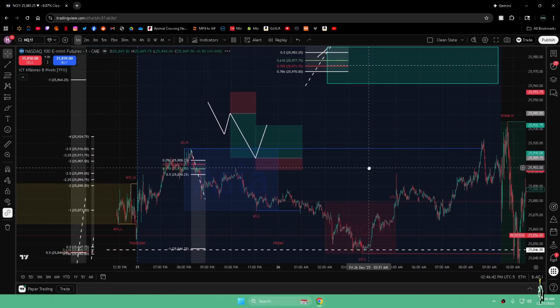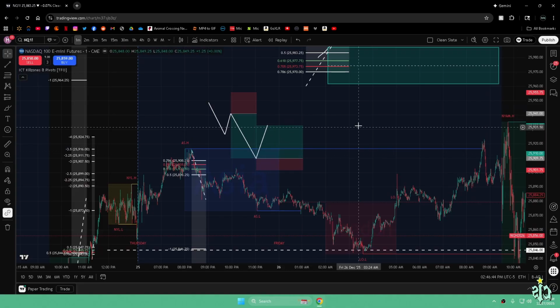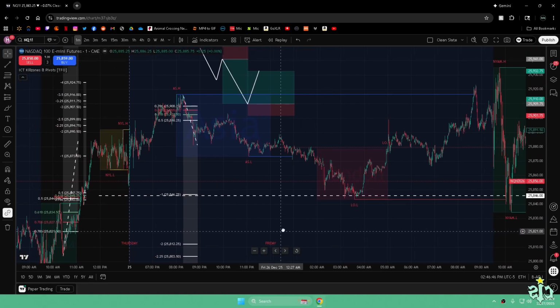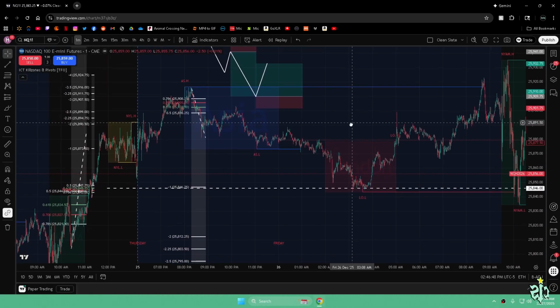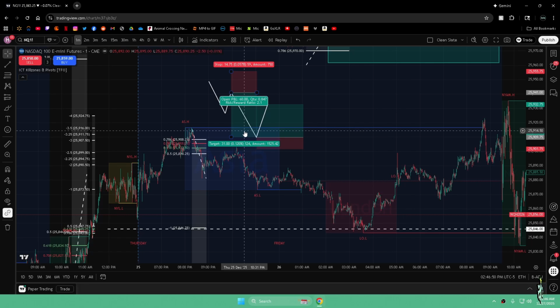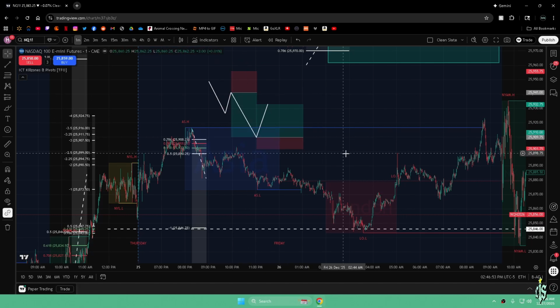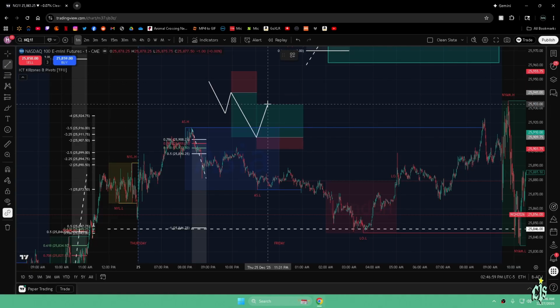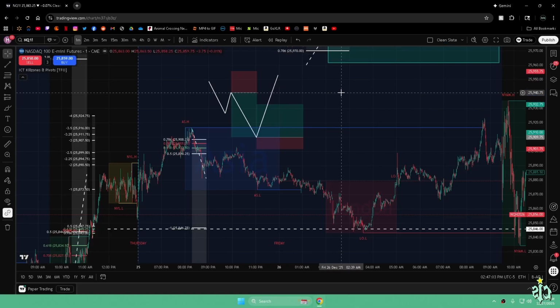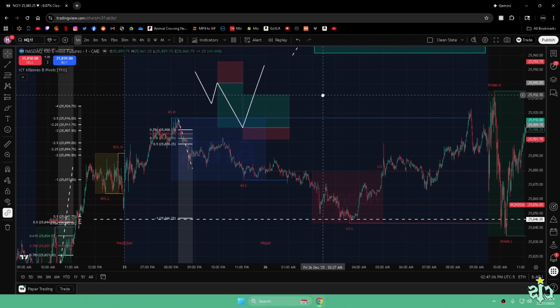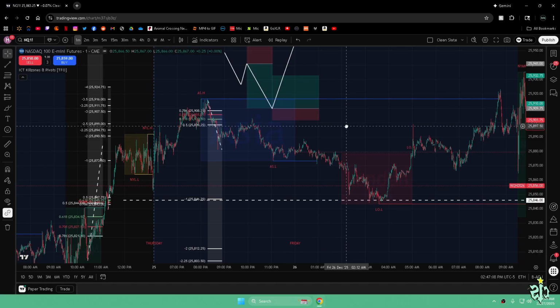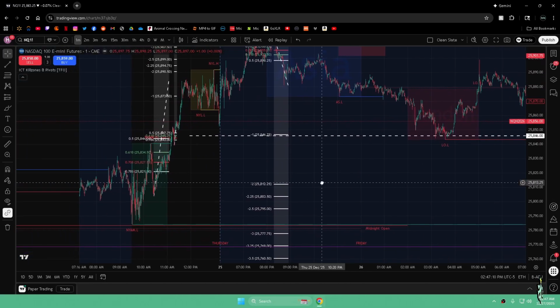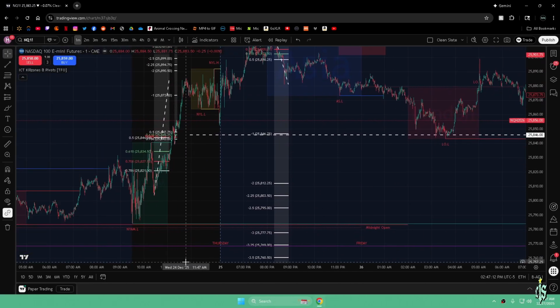Now, so we have our bounce, our ping pong, right? Bounces off our OTE range, and that's how you predict. That's how you would have predicted today's market. Now, after it takes buy side, which it did, let's say it's like right here. The next zone it wants would be our next OTE range, this one.